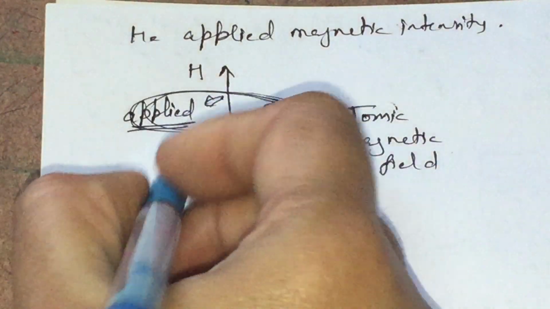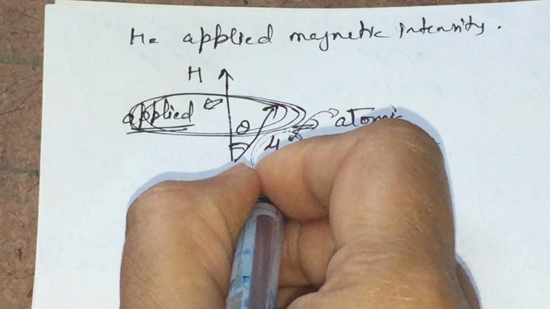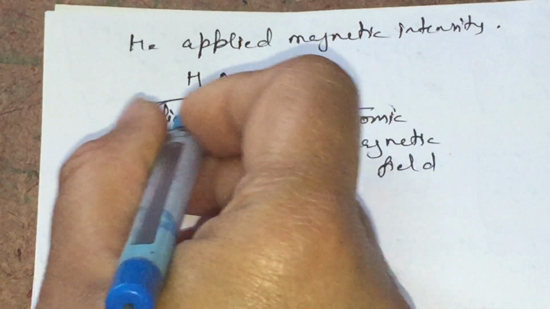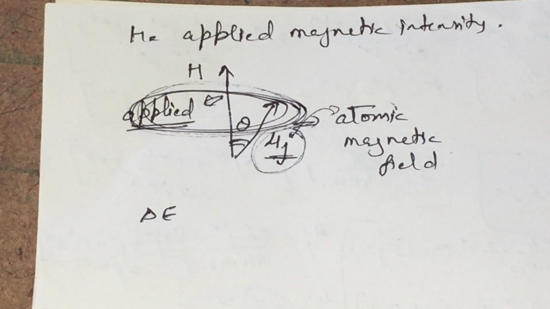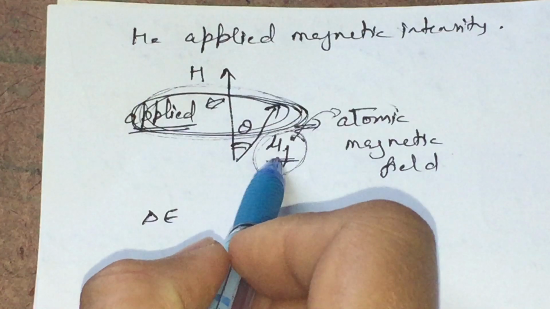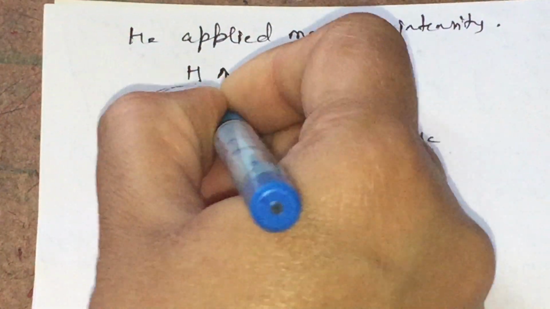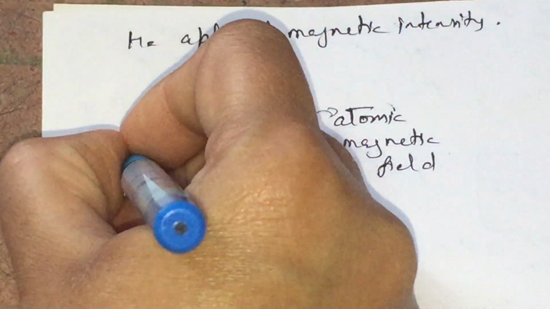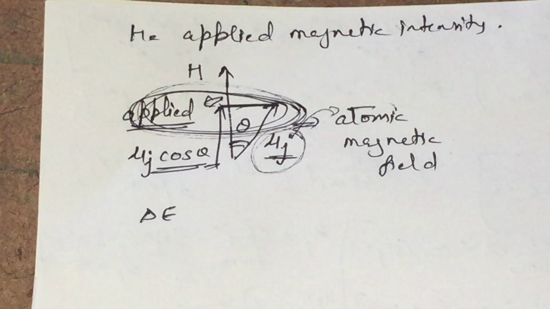The change in energy is due to the reason that our mu j starts moving around this applied magnetic field. The component of mu j which forces mu j to move around the magnetic field H is the horizontal component, and this is our mu j cos theta.